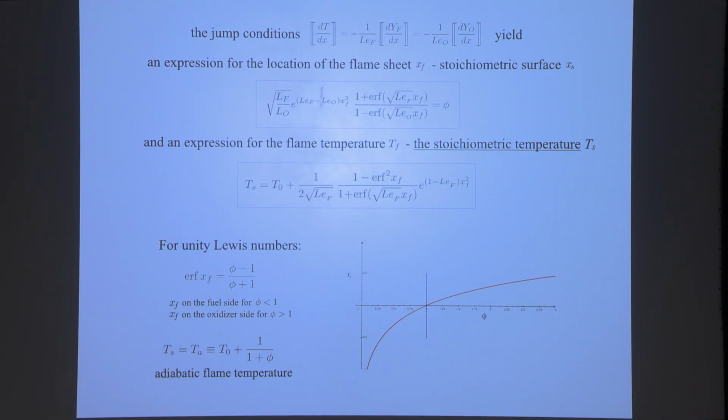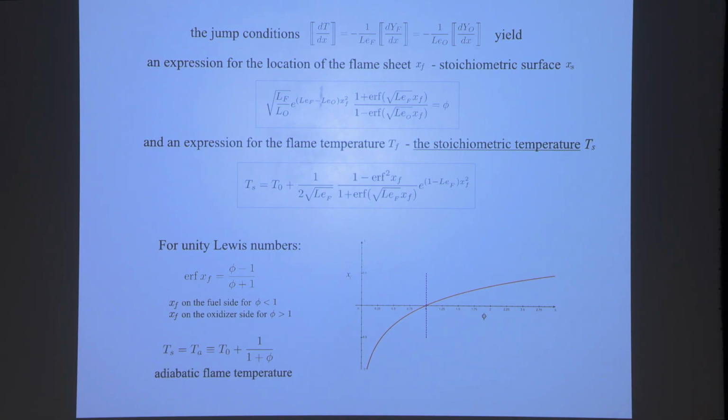And for unity Lewis number, this expression simplifies to just this, okay? Because e to the 0 is 1, and then you can manipulate this. So what you get is phi minus 1 divided by phi plus 1, which is graphed here.